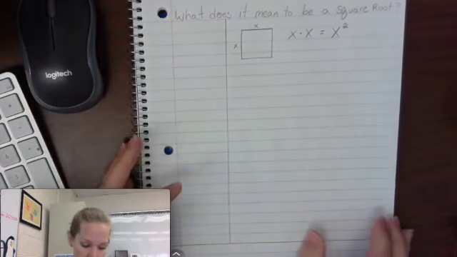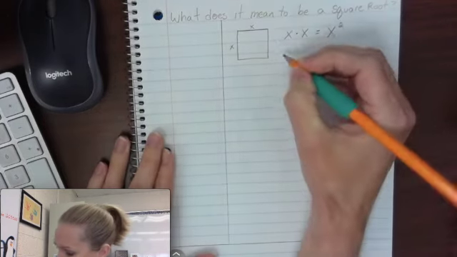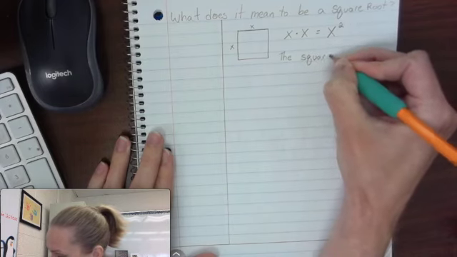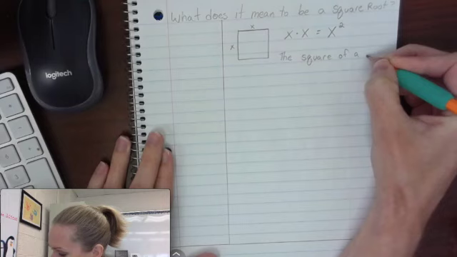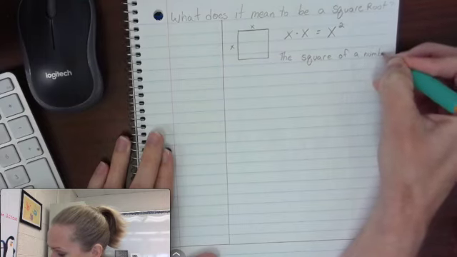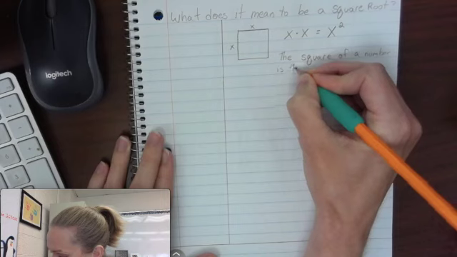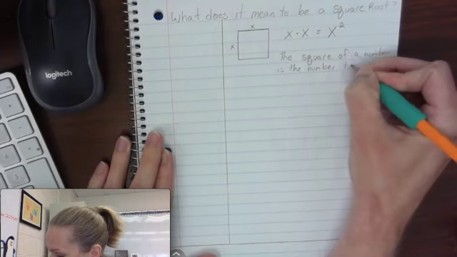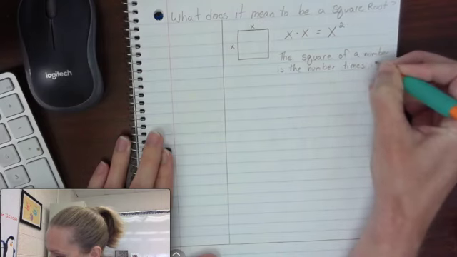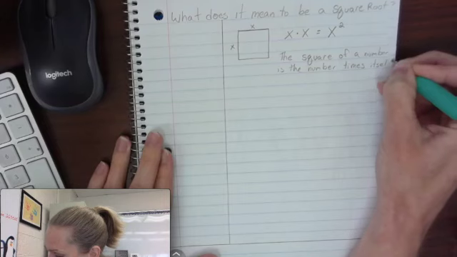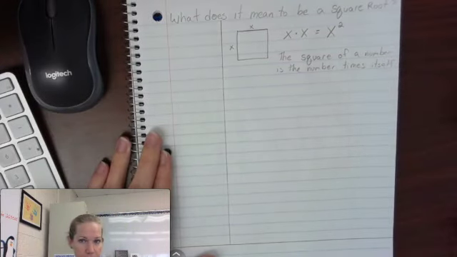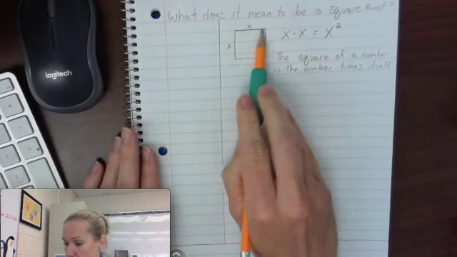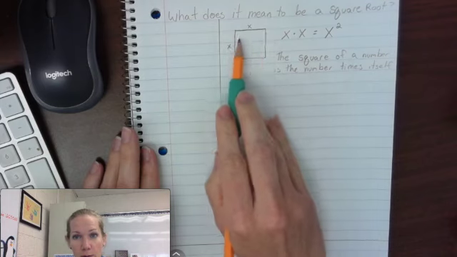The square of a number is the number times itself. So this is x squared, and that's a picture of x squared.